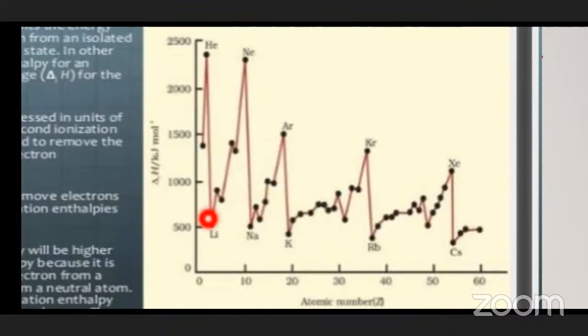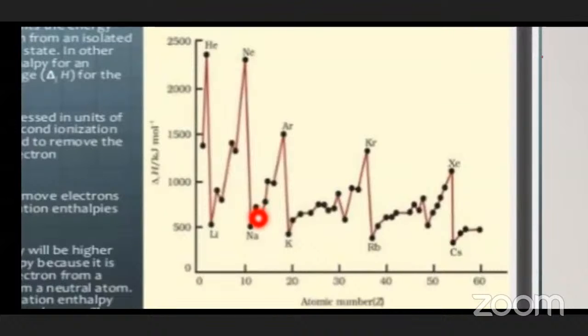It does not have a stable electronic configuration. That means octet configuration is not there in the first group alkali metals. So if the last electron present in the valence shell is removed, for example sodium 1s2, 2s2, 2p6, 3s1, if the last electron is removed, sodium gets stability.